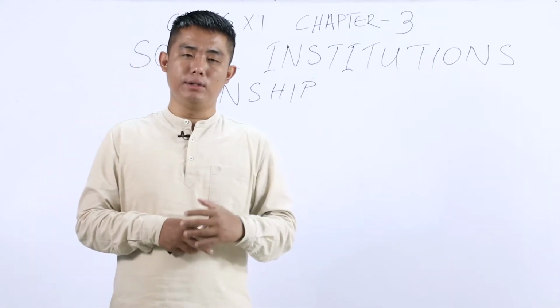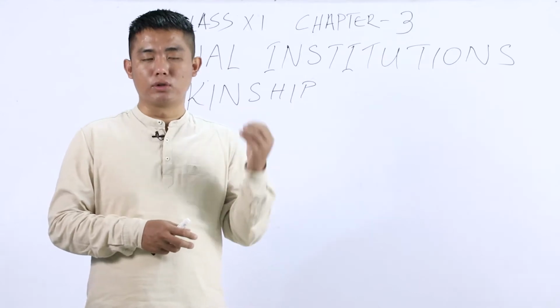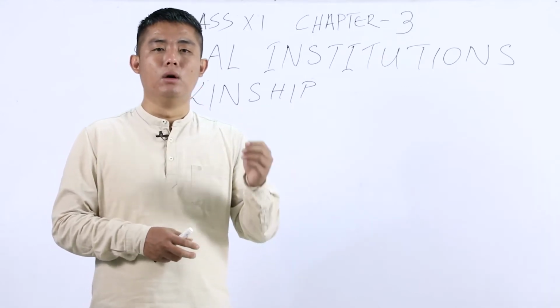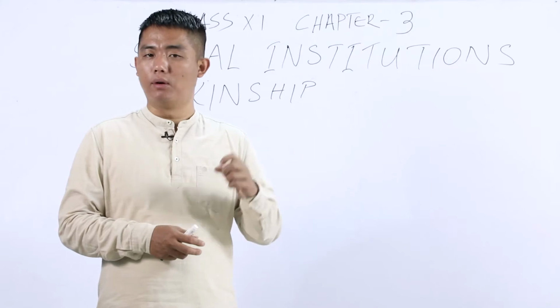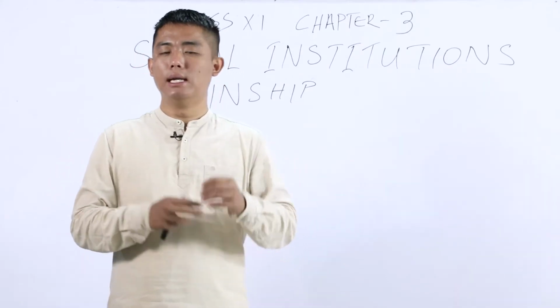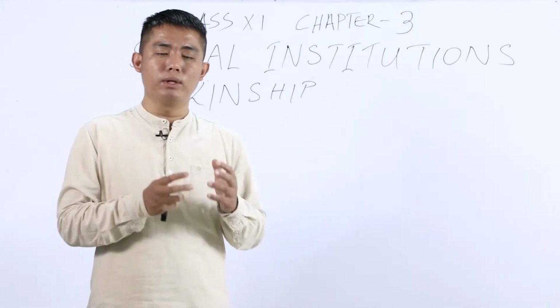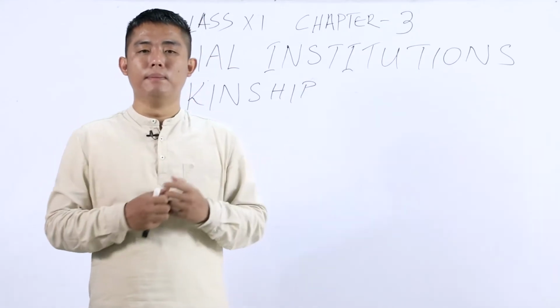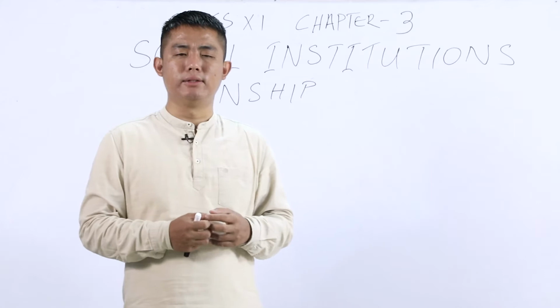Because of the family, we learn how to socialize ourselves, and we also learn all the basic manners of the society, and there is also social control in the family. With all those elements and basic features is what we have learned in family.